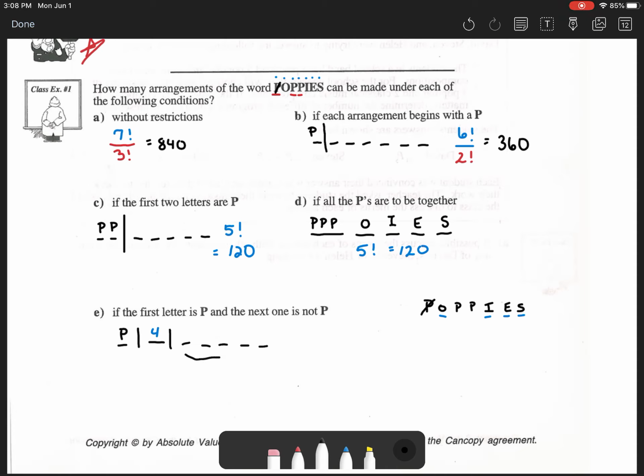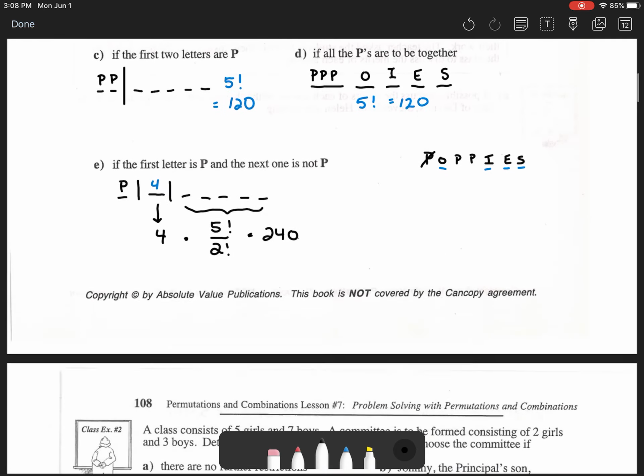I can order those 5 factorial ways, but in there will be 2 P's that are repeating. So your calculation will be 4 times 5 factorial over 2 factorial. We know that is going to be, times 4, 240, the final calculation there.